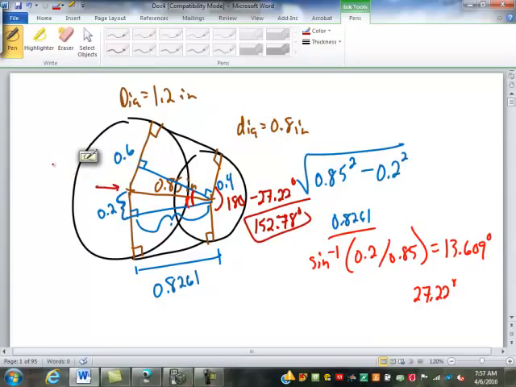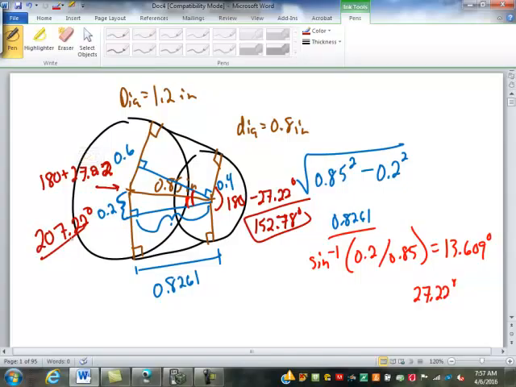And this angle is 180 plus 27.22, otherwise known as 207.22 degrees.